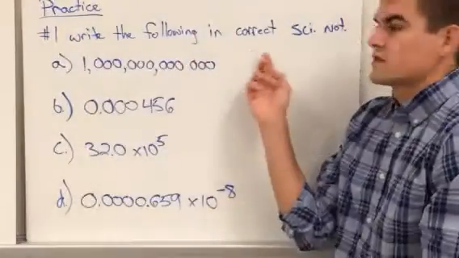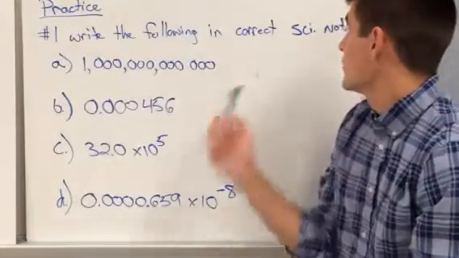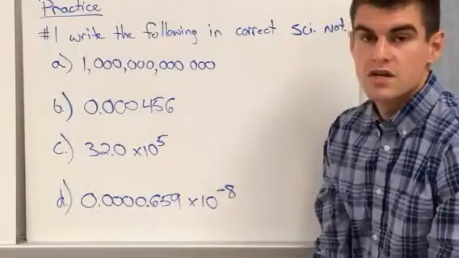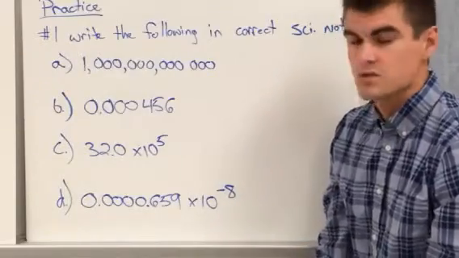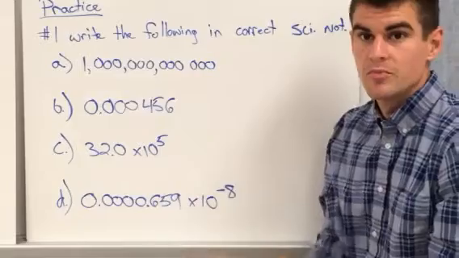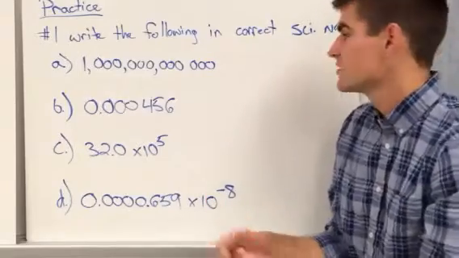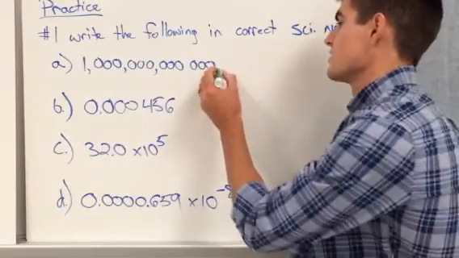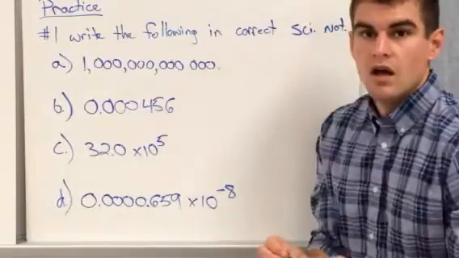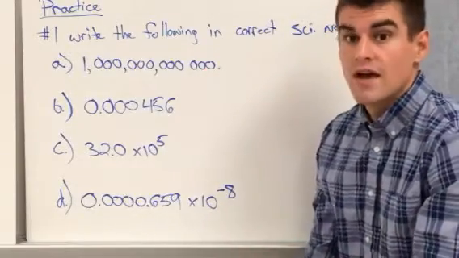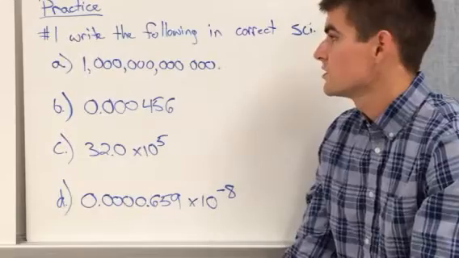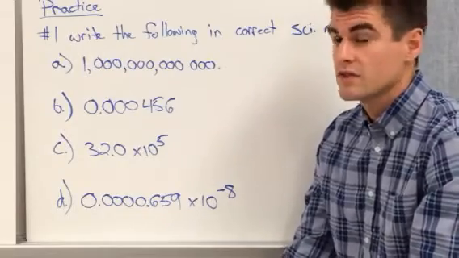All right, so some practice. Write the following in correct scientific notation. Step 1, find your decimal. I don't see one, but I know there is one right here on the end. Then I want to make it so I have the one non-zero digit to the left of the decimal.